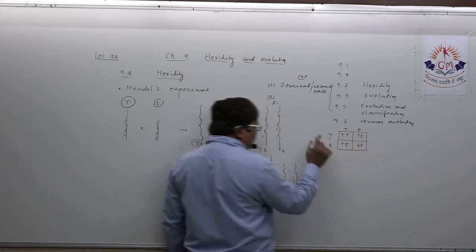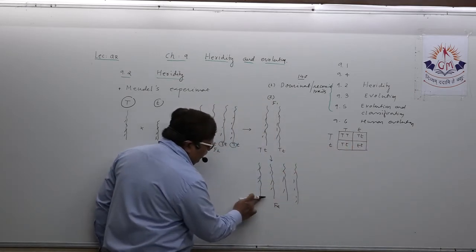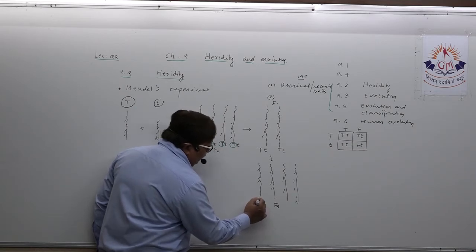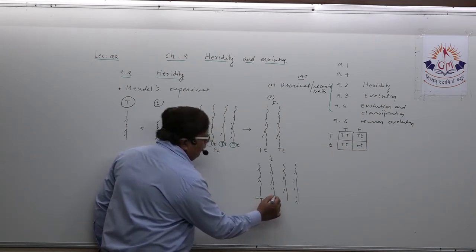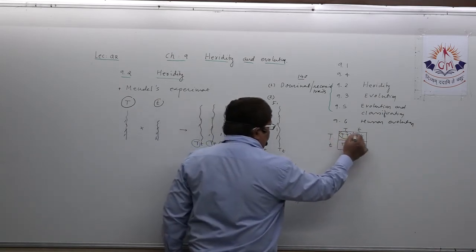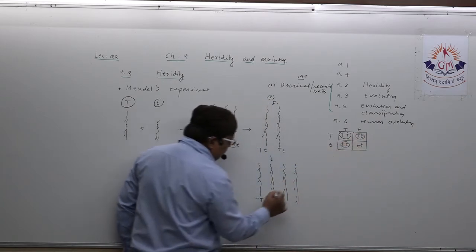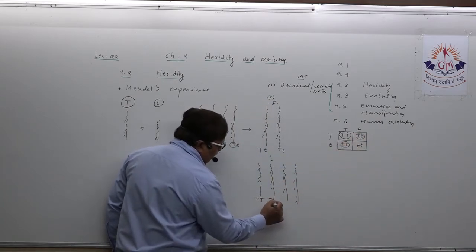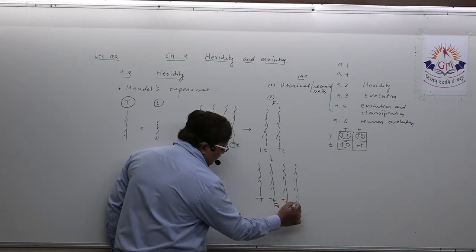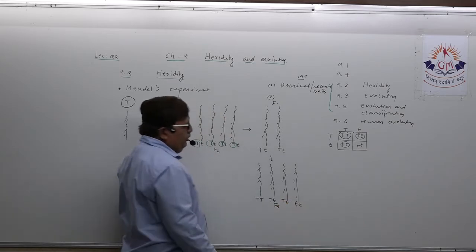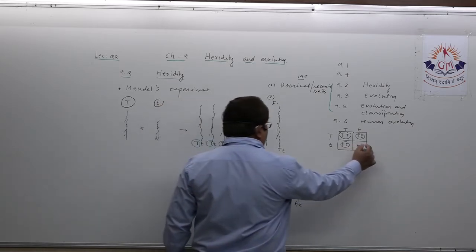You understood this? It means in three plants, understand, this combination is observed. In three plants, you observe the same combination. Understand, TT and Tt. Here you observe the tt combination only in one plant.